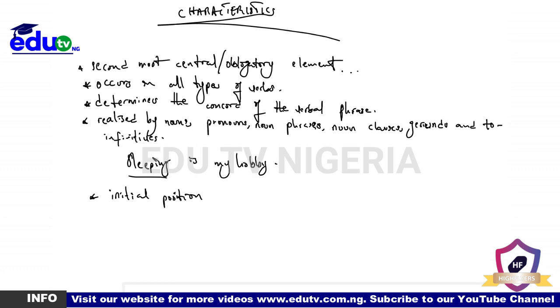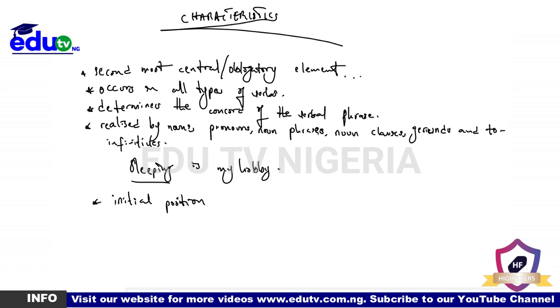Another thing you should note about the subject is that it is in the nominative case as it is the agent of the sentence. Now, there's something we call nominative case and accusative case, but right now we're dealing with the nominative case.